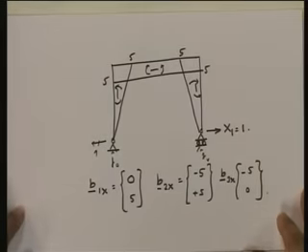Till now you have not seen anything that is different from what we have already done. The only thing is that I have identified this as x and the other one as r. So now let us go through the steps.